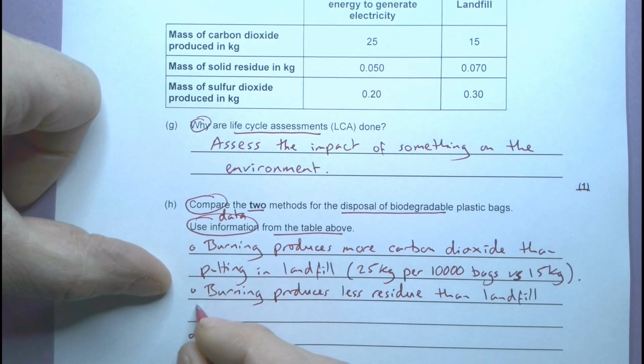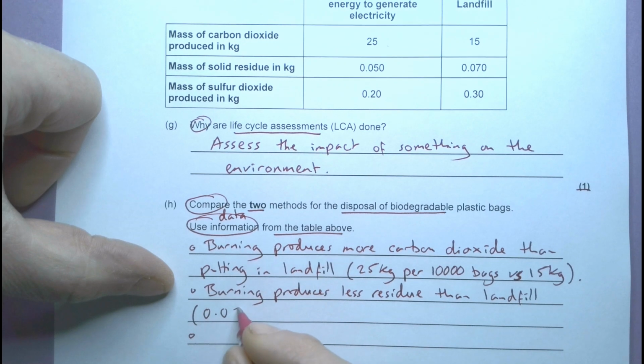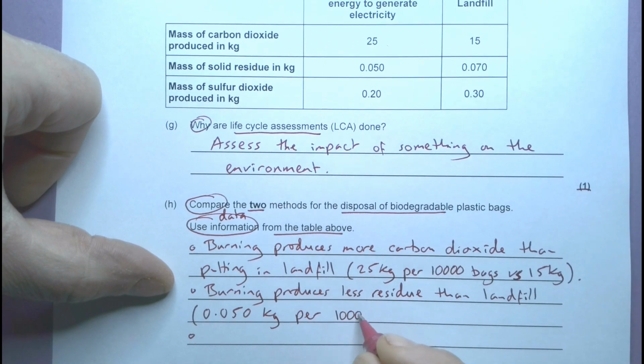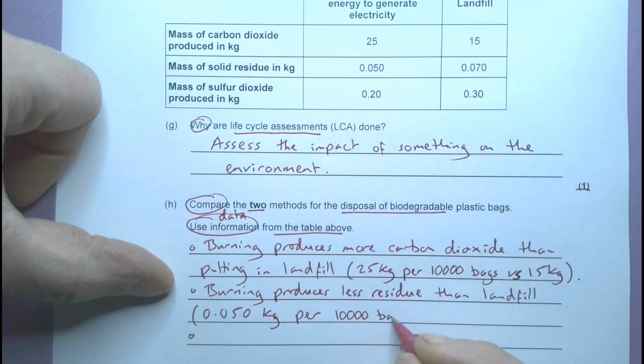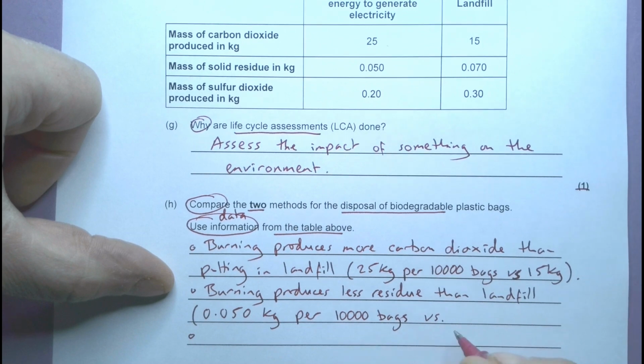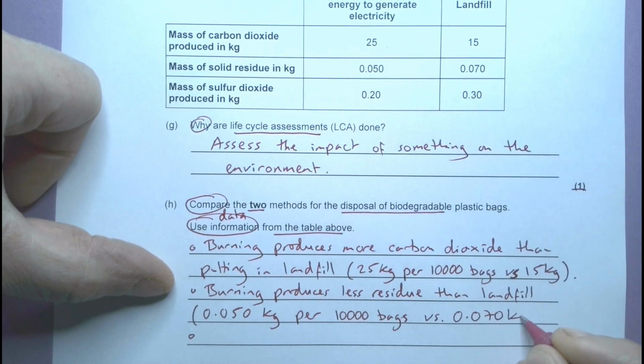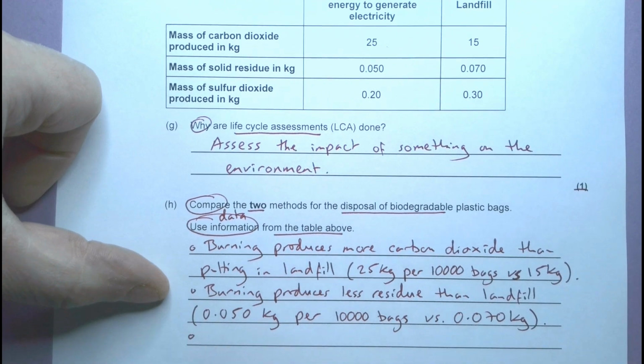Again, I can put the amounts in again, so 0.050 kilograms per 10,000 bags versus 0.070 kilograms.